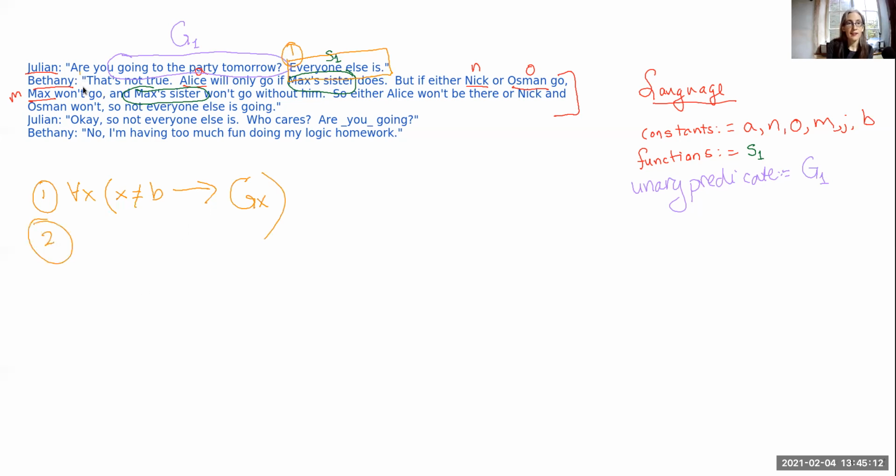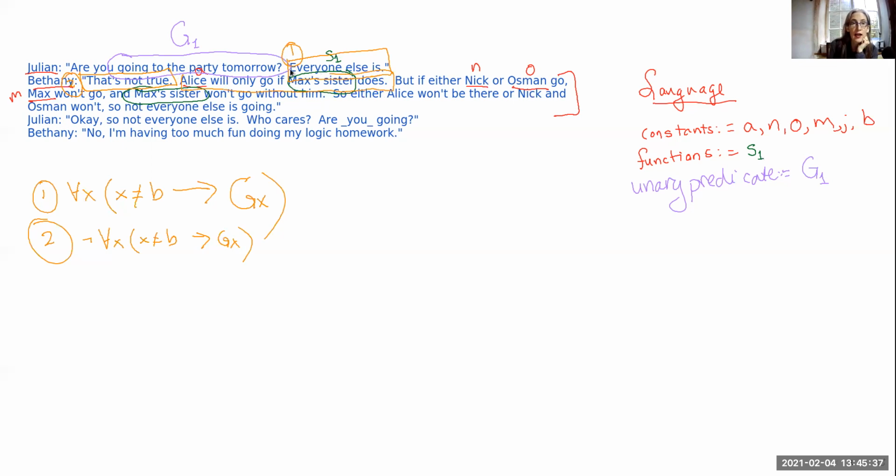Next sentence is the denial of that. That's not true. So stick a negation on the front of the previous one. It's not true that everything, if it is not Bethany, then it is going to the party. So why?